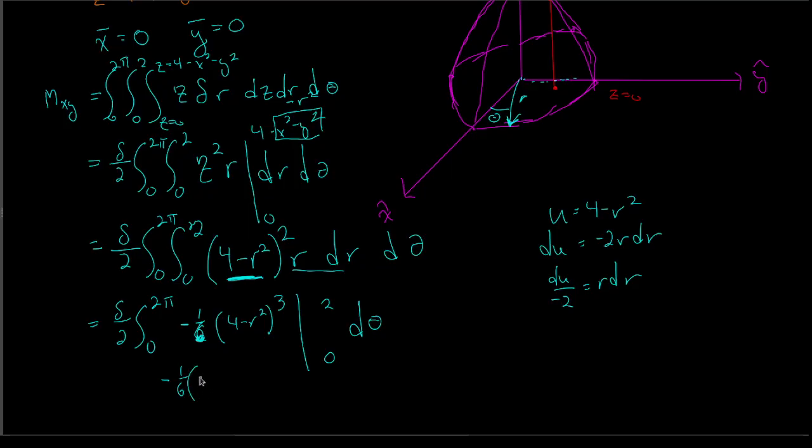4 minus 4, which is 0. Minus, so plus. I'll write the whole thing out: 4 minus 2 squared minus 1/6, 4 minus 0 squared, everything cubed.